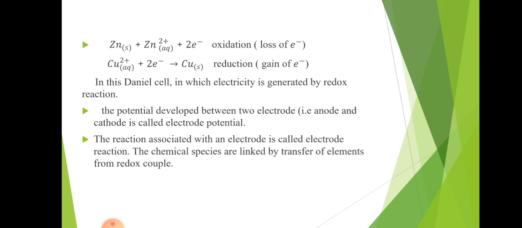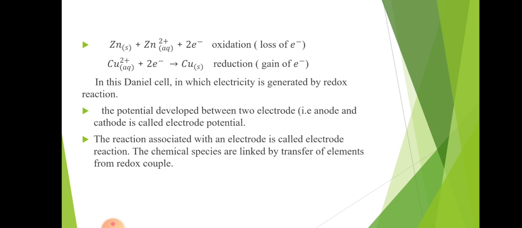The reaction associated with an electrode is called the electrode reaction, and the chemical species are linked by transfer of electrons in a redox couple.